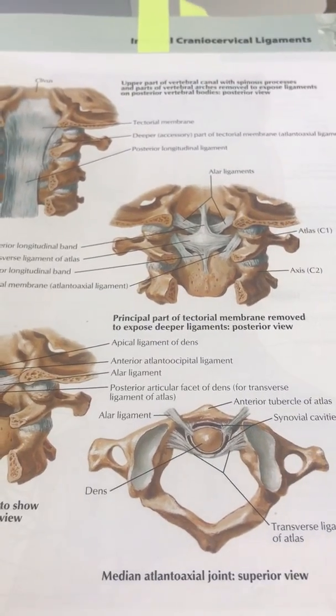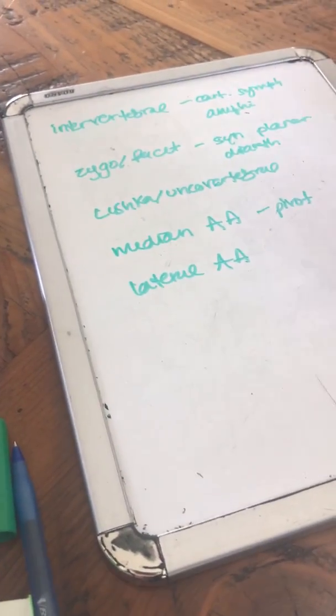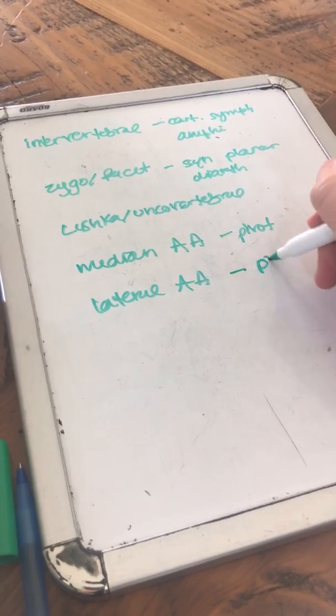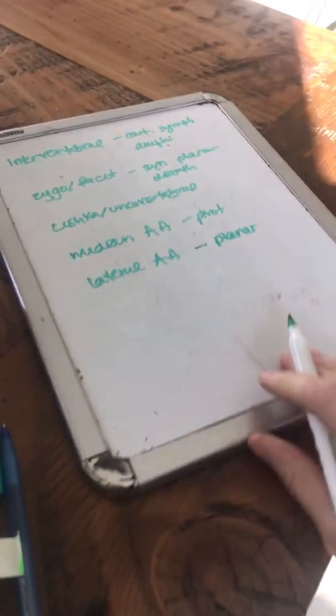The lateral atlantoaxial joint is the facet joint here at C1, C2. So it's a planar joint, just like all the others.